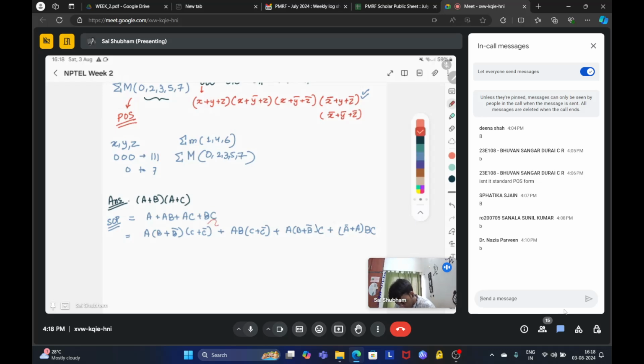For example, in BC, the term A was missing, so we added it in this way, as I explained in the previous question.